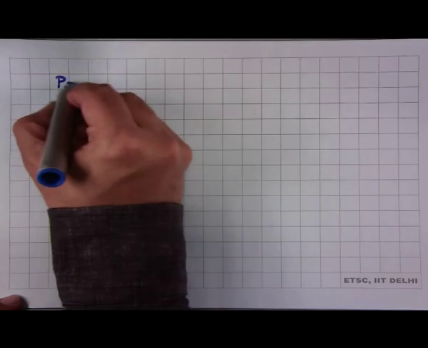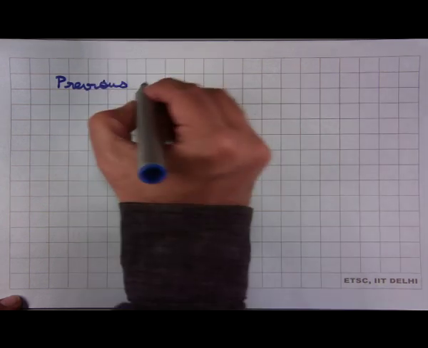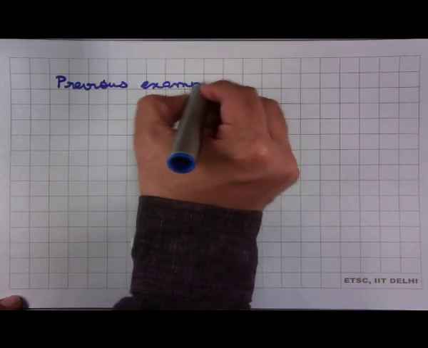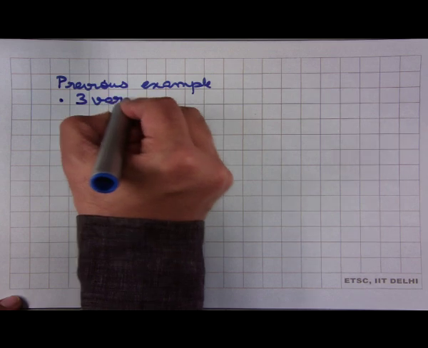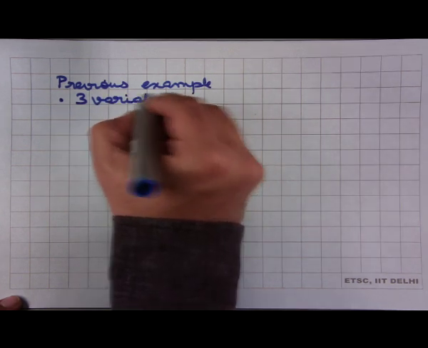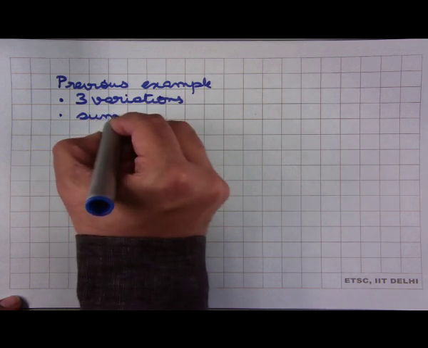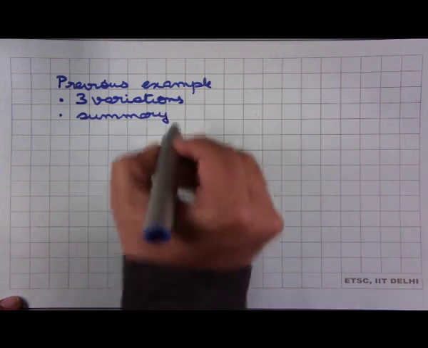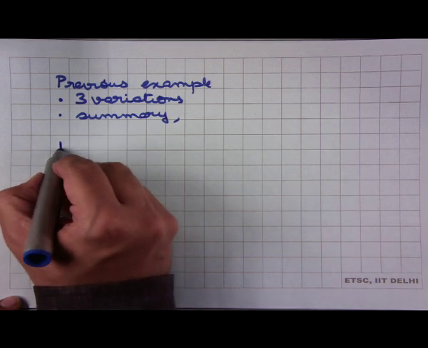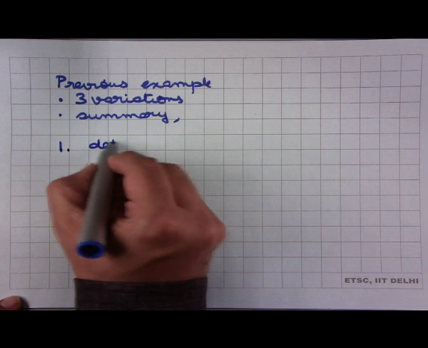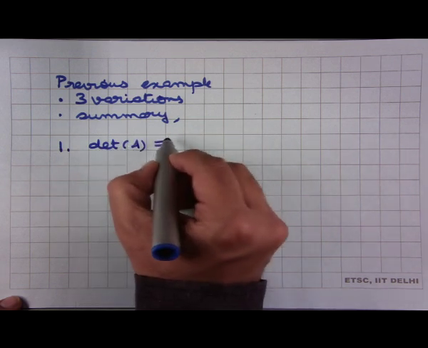So, let me write this down in terms of a table. The previous example, with 3 variations, and the summary is as follows. In the first case, 1, the determinant of A was not 0.